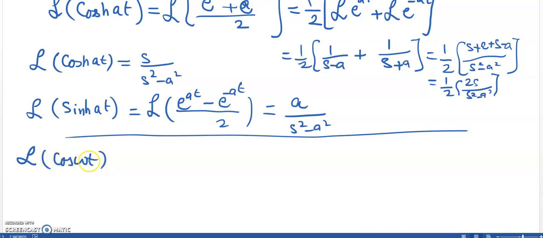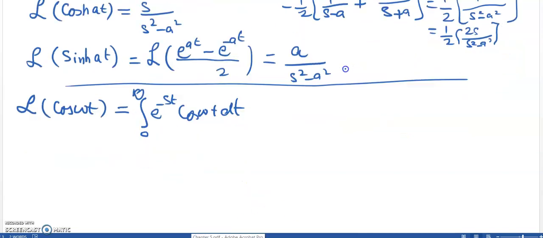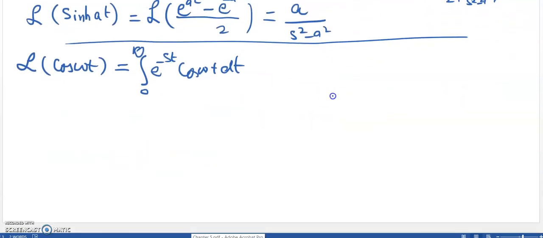So the Laplace transform of cosine of omega t, by definition, is the integral from 0 to infinity of e power minus st times cosine omega t dt. For this we have to go by integration by parts, and one shortcut method for integration by parts is the DI method.